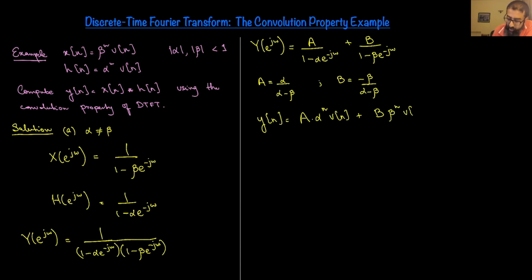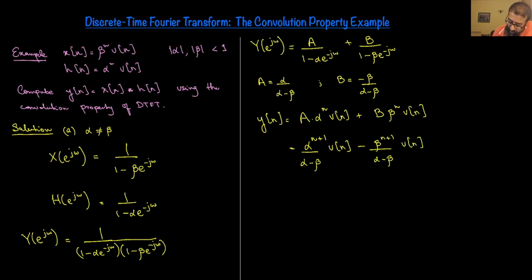If I just plug in what capital A and capital B are, this just turns out to be alpha raised to power n plus 1 upon alpha minus beta u of n minus beta raised to power n plus 1 divided by alpha minus beta u of n.